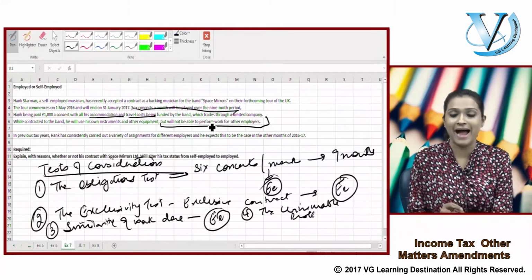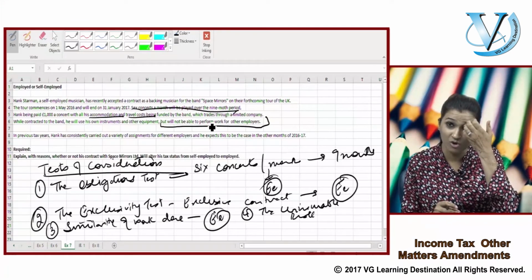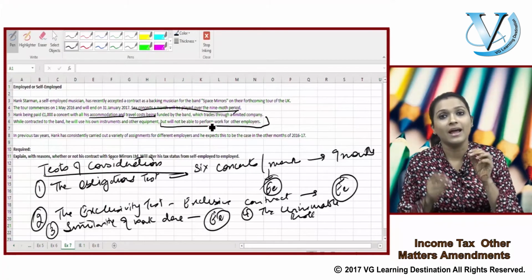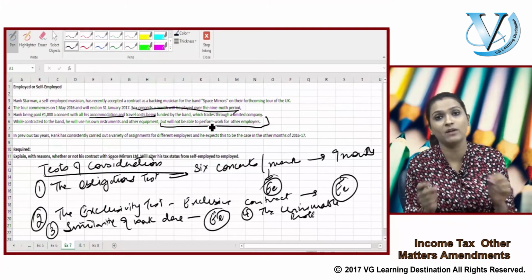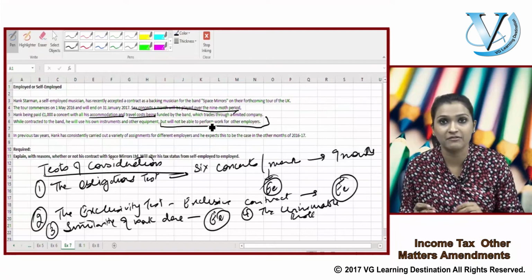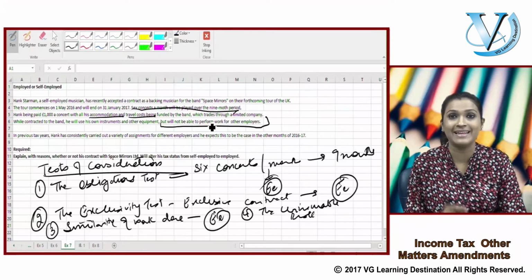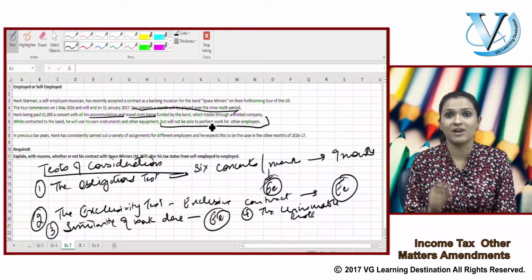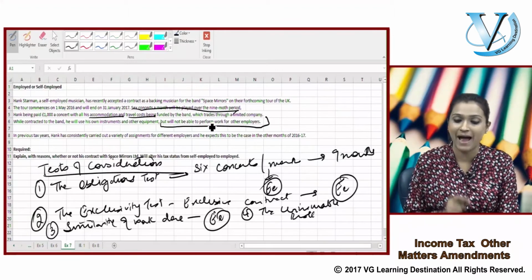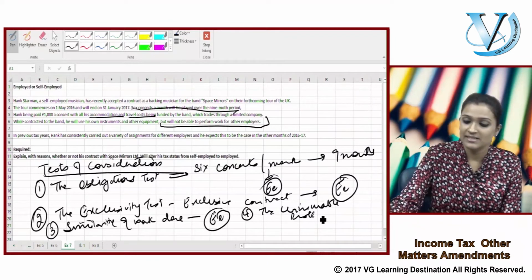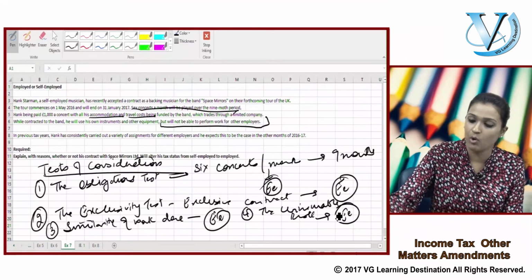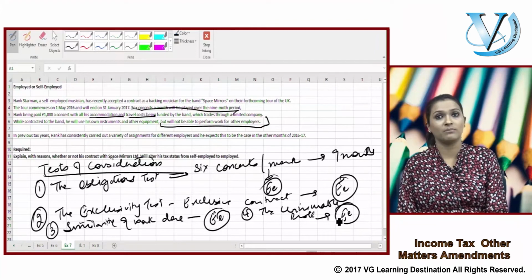Definitely the band itself is going to bear the risk, not each musician separately. They will still get paid whatever they have been contracted for. So definitely the uninsurable risk is now being borne by the limited company which runs the band, which is Space Mirrors. So definitely looks like an employee under the uninsurable risk as well.